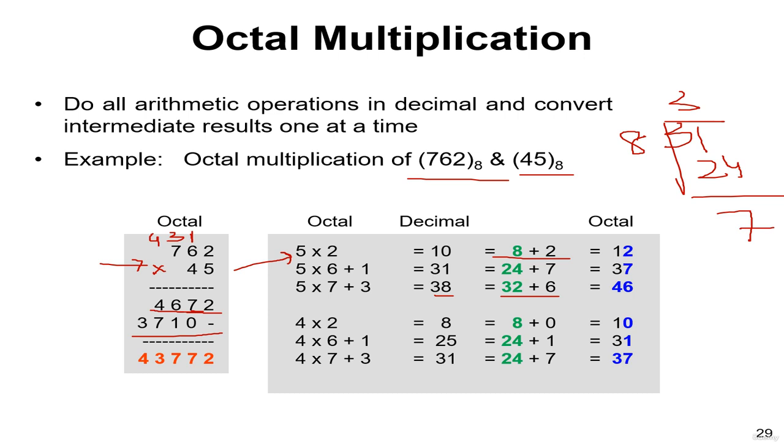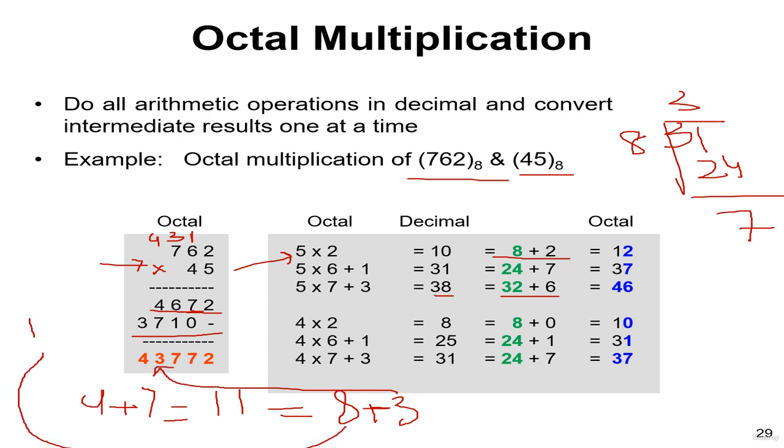But then 11 needs to be expressed in terms of 8: 11 is equal to 8 plus 3, right? So this 3 would come here, right? And this 8 would be in terms of power of 1, it would actually come here, right? So this would be 3 plus 1 equal to 4, right?